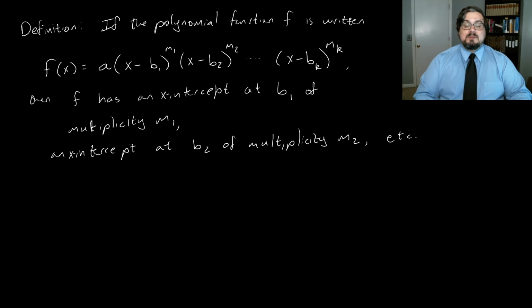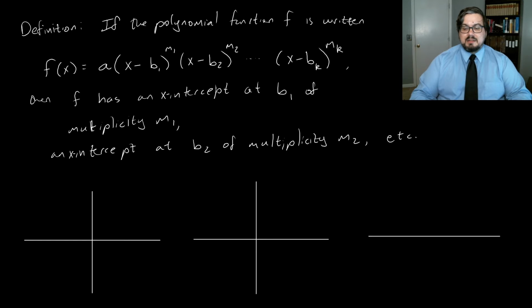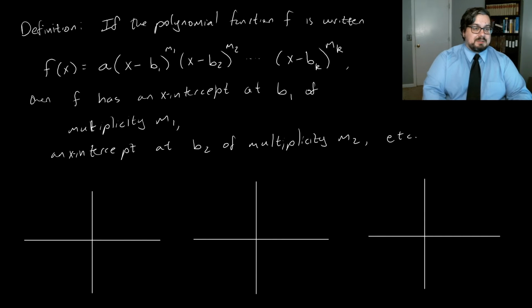Now, the reason why the multiplicities matter is because they determine what the graph looks like at that x-intercept. So, we're going to be describing the possible ways that the graph can reach the x-axis by splitting them up into three categories.